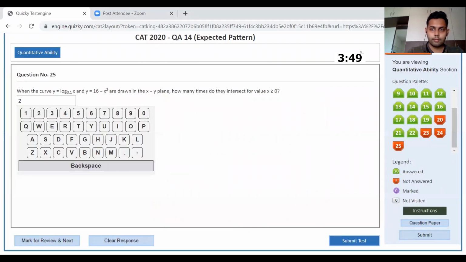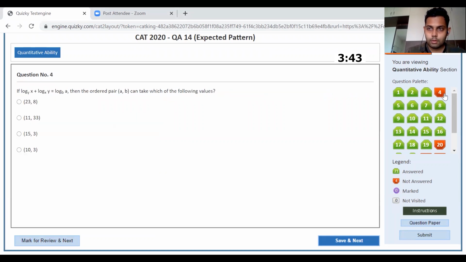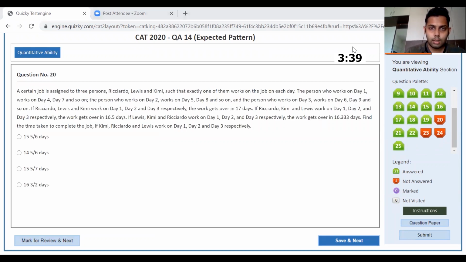So, okay. I think we can try this. Arithmetic is usually on the simpler side. Certain day, 3 persons are there, R, L, and K. Person who works on day 1 works on day 2, and okay.